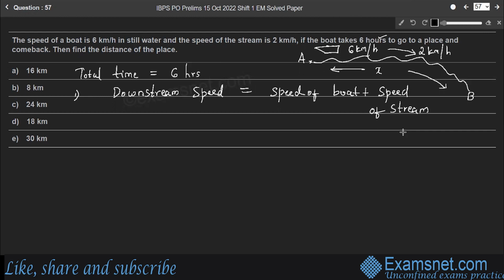While coming back, when boat reaches point B, it comes back, boat will be moving in the opposite direction of the stream, because stream always moves in this direction. Such type of motion is called upstream motion. Because of upstream motion, boat has got some speed which is called upstream speed.